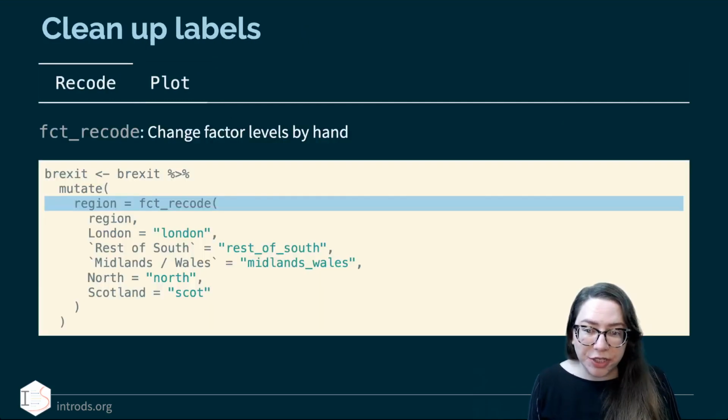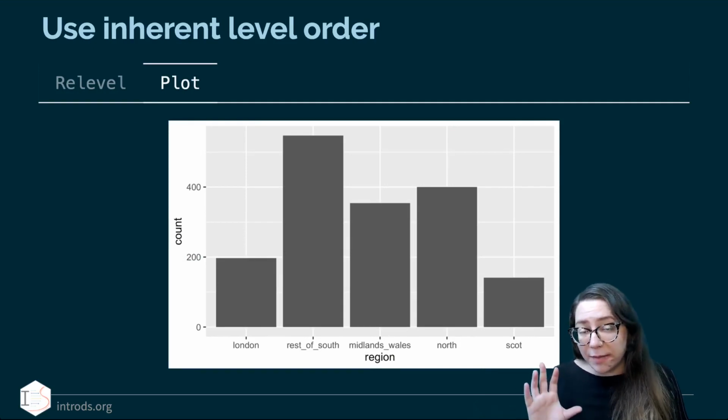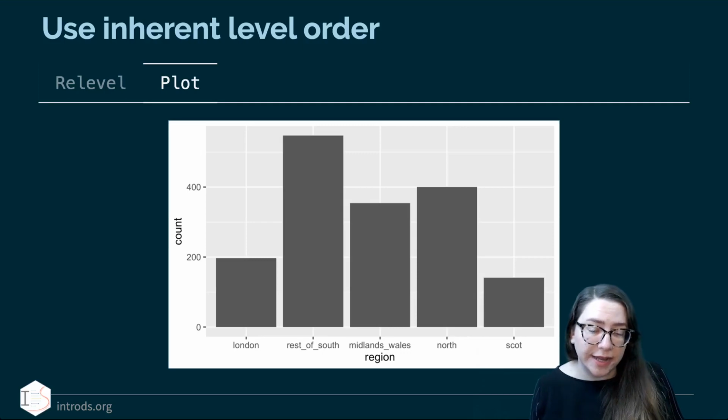What else we might do? We might clean up the labels. So let's go back and take a look at this visualization one more time. Rest of South has these underscores. Scotland is not really spelled out. It's just Scot. But these probably have better labels that we can use. So in order to do that, I need to take a look at my categorical variable and say, whenever you see this particular character string, replace it with this instead.